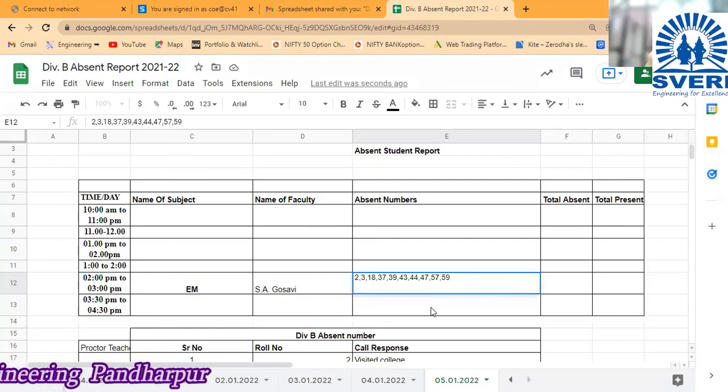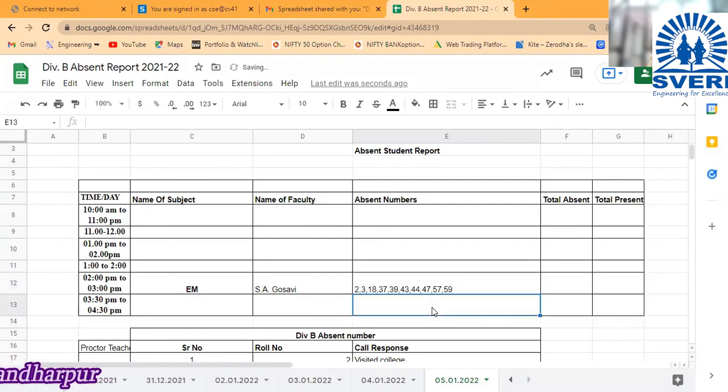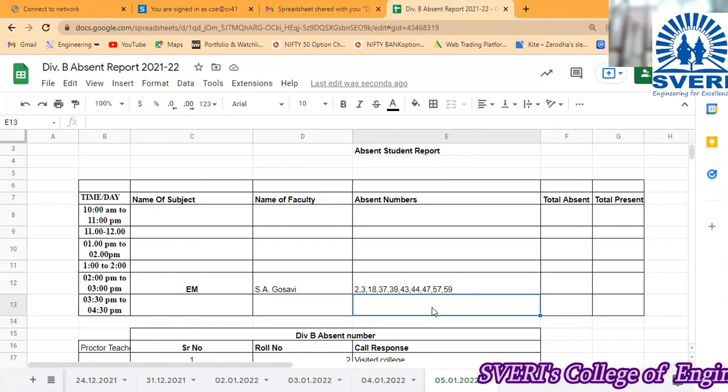So the absent roll numbers are 2, 3, 18, 37, 39, 43, 44, 47, 57, 59.